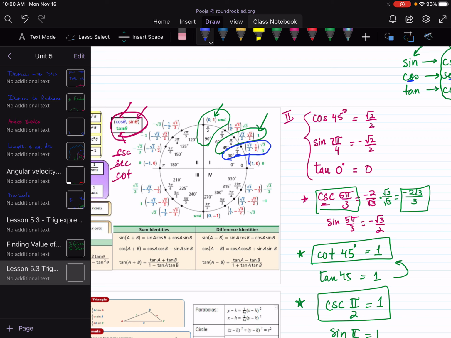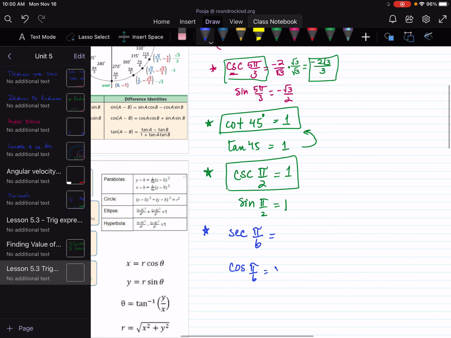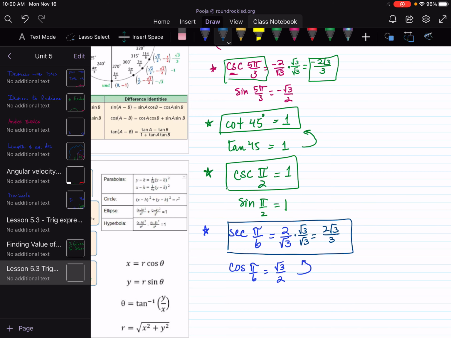Cosine is the x-coordinate, so root 3 over 2. Hence secant will be 2 over root 3. And a quick fix to the radical. There we go, and I have found secant of pi over 6.